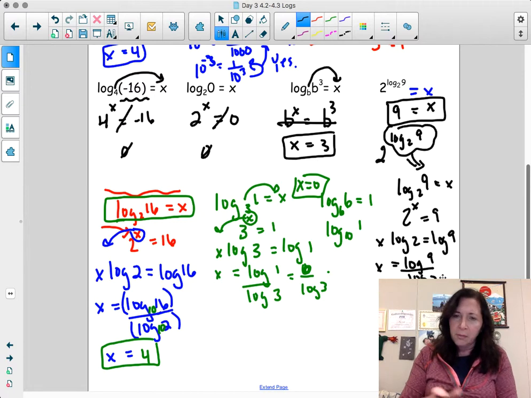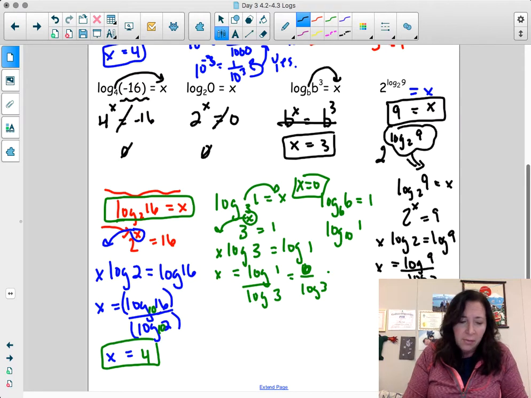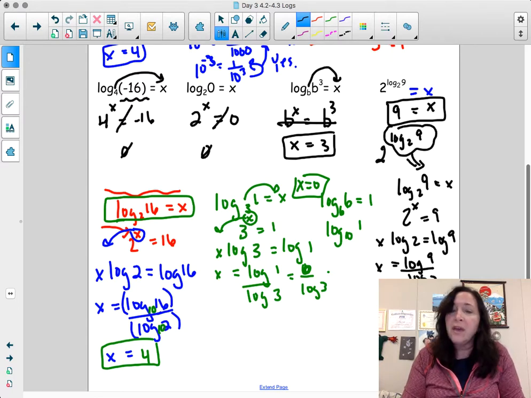So I'd like you to take a moment and actually do that. What is log 9? It's, of course, log base 10 of 9 divided by log base 10 of 2. So I'm going to find the log button. Most people don't have to put the base in the calculator because it is already in base 10.